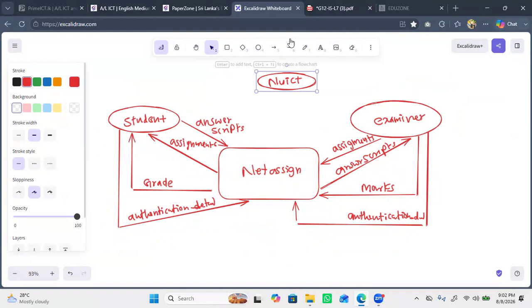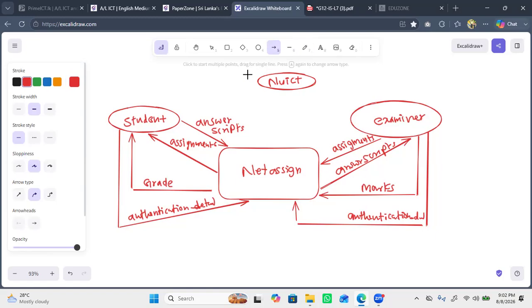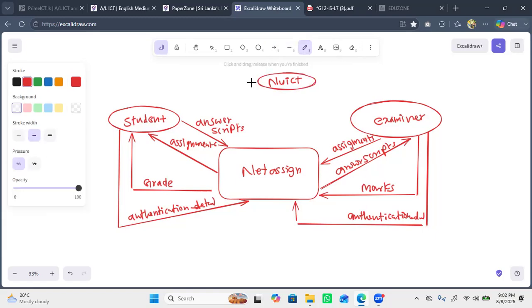Simple. Then what is it giving? To the student and examiner, it is giving the authentication details for both of them.